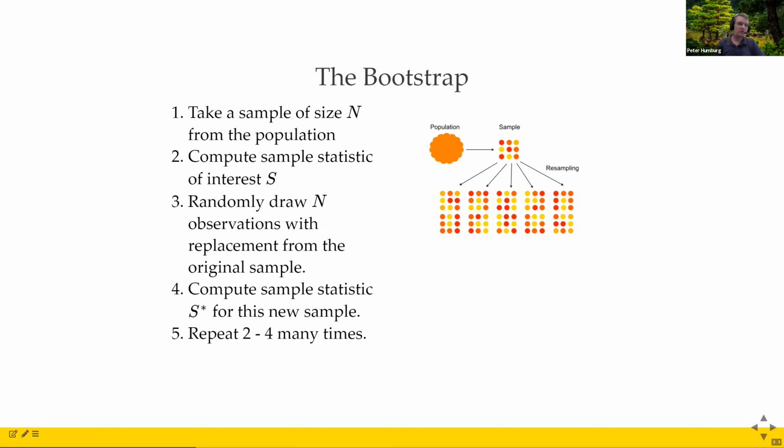Each of those now has its own mean and everything, allowing us to look at how much that might vary between different samples that we take from the population. Okay, that's maybe all a little bit abstract, so let's look at an example and see what happens.